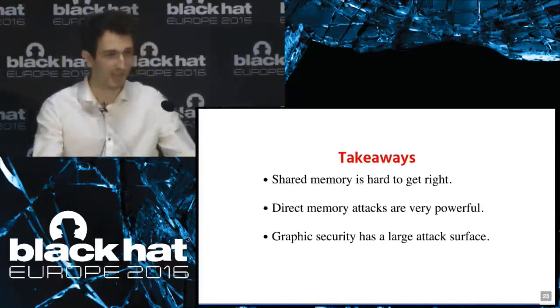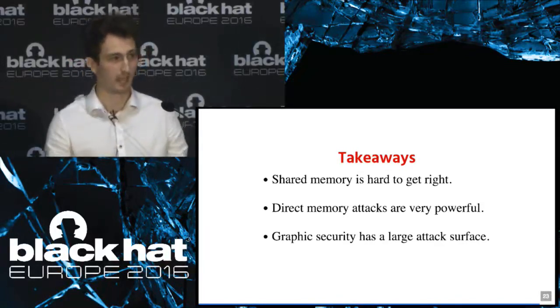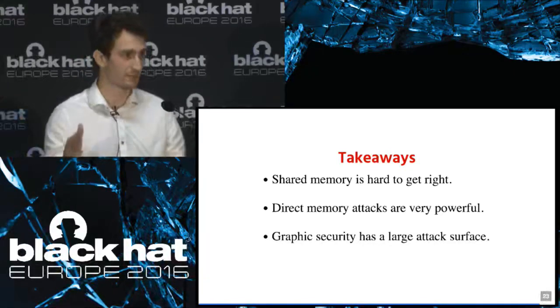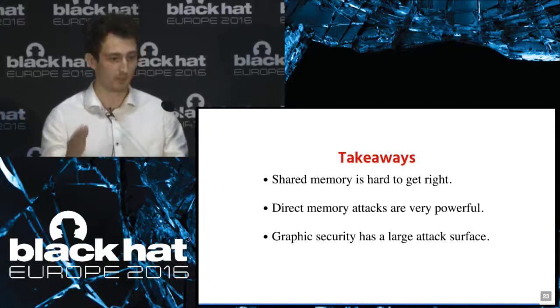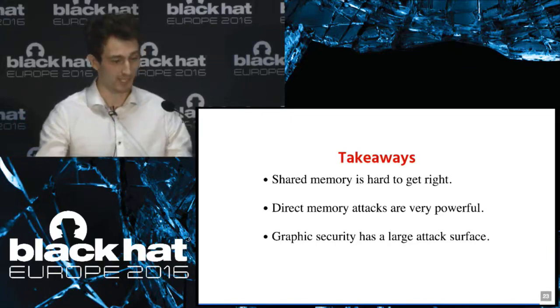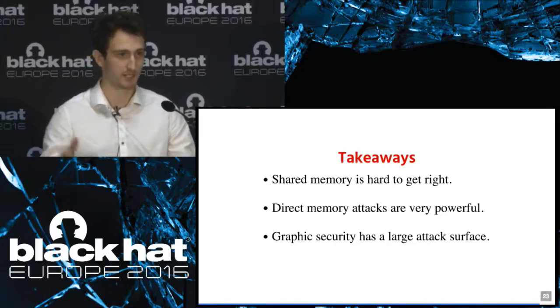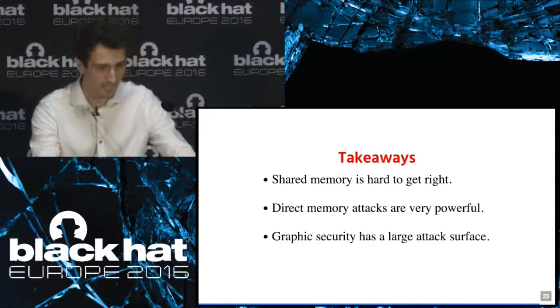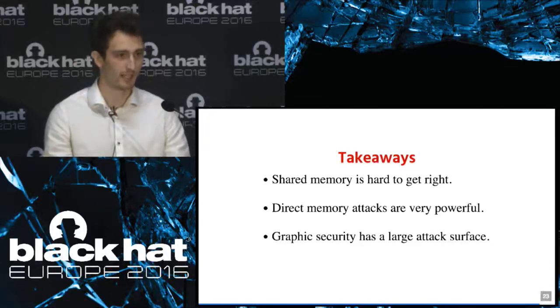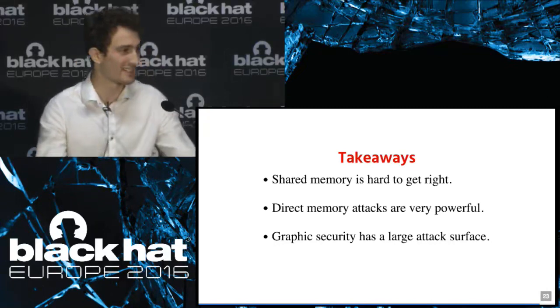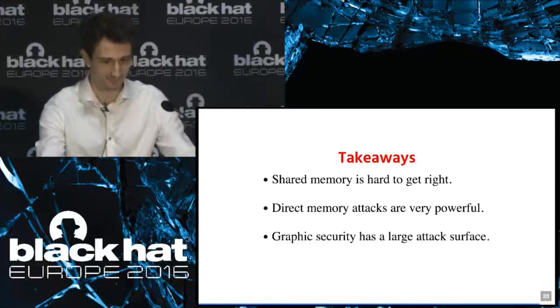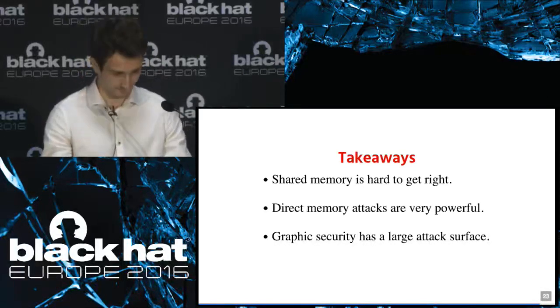Direct memory attacks are very powerful. Some direct memory attacks actually allow you to write to any physical memory range. In this case, it was a bit limited. We only could write to the range within our own process, but it actually affected other processes because of the disk cache. The other thing to know is that mitigations such as ASLR didn't come into play at all, which is very nice to have.